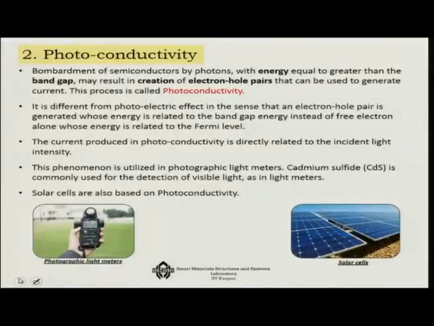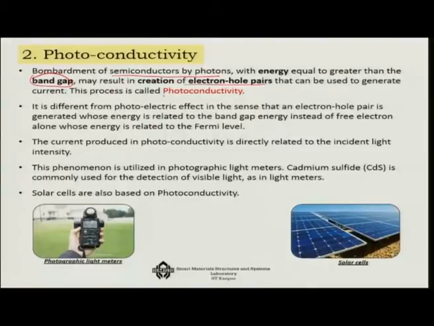The second interesting case is called photoconductivity, which is important for materials like semiconductors. If you bombard semiconductors with photons, and the photon energy is greater than the band gap, it can create electron hole pairs, and these can be used to generate a current.